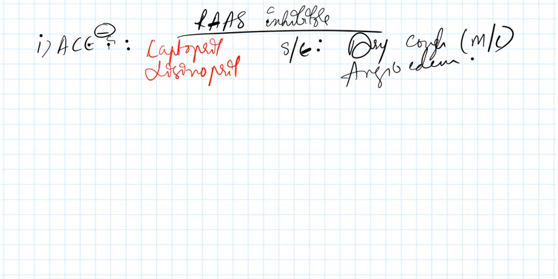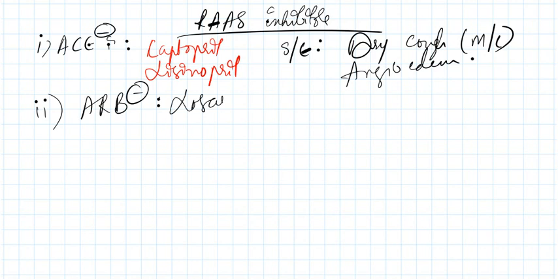Now if you ask me what is the second class of RAS inhibitors, angiotensin receptor blockers. What is the first one? Losartan. I just want to share some facts regarding losartan. What does the losartan do?